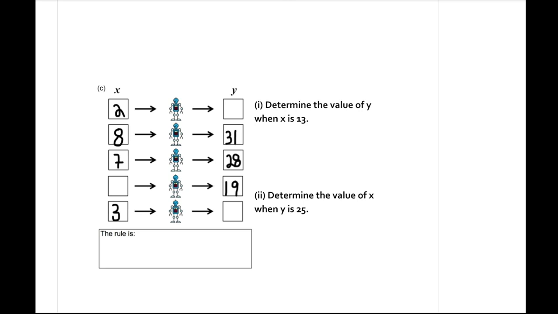Looking at it, I believe the rule would have to be the input, or the x, multiplied by, sorry, not 8, multiplied by 3. So the input, or the x, multiplied by 3, and you add 7.